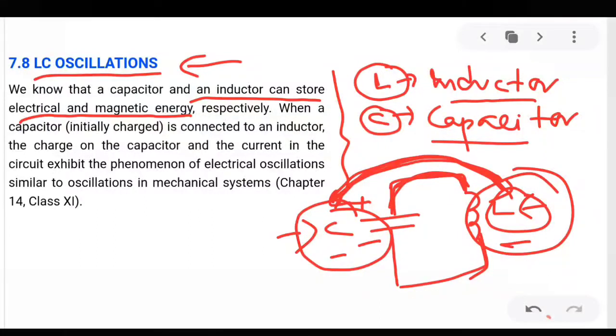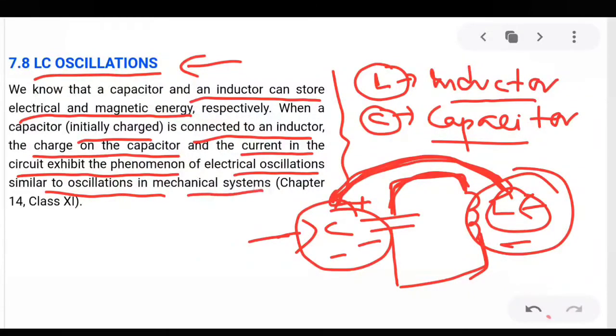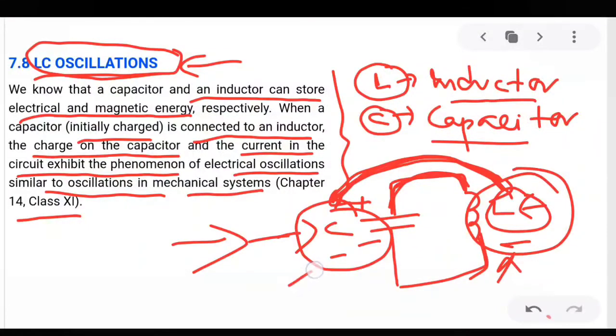When a capacitor that is initially charged is connected to an inductor, the charge on the capacitor and the current in the circuit exhibit the phenomena of electrical oscillations, similar to the oscillations in mechanical systems, which we have studied in class 11. These oscillations are called LC oscillations, because they take place between an inductor and a capacitor.